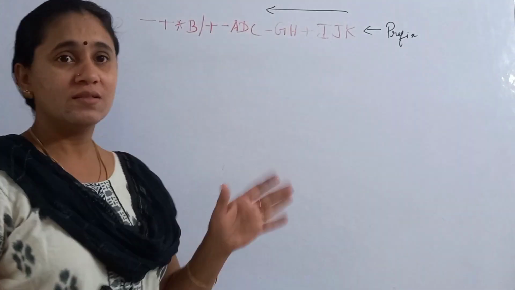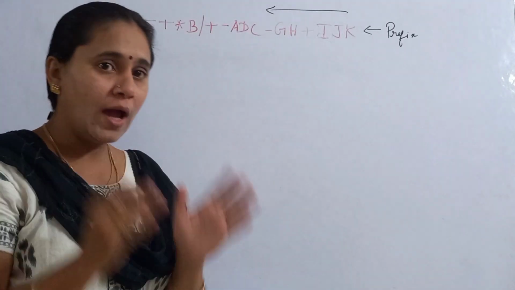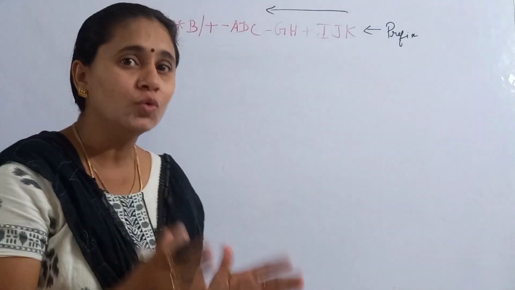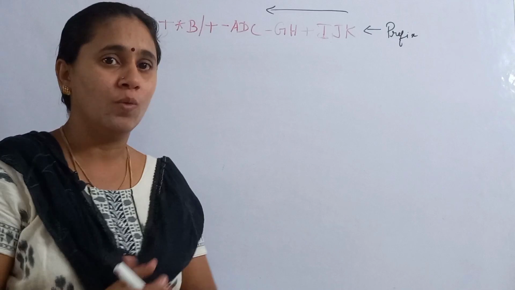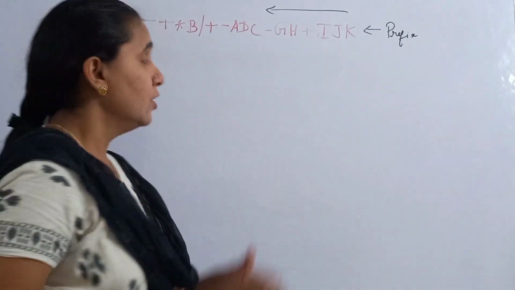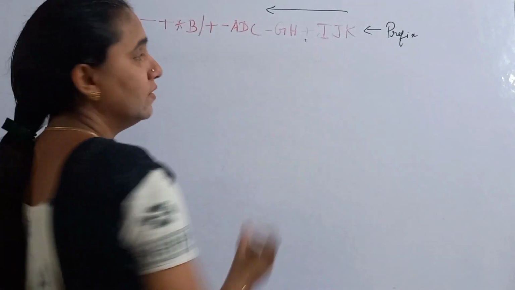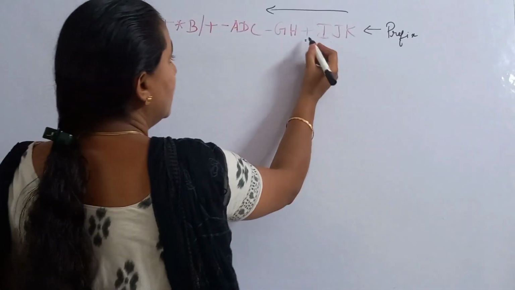Friends, this is the given expression. I am going to solve this into infix by using all the 3 rules which I have mentioned now. Shall we proceed? Now start from the rightmost direction. If we start, the first operator is plus, isn't it? Where must we shift it?